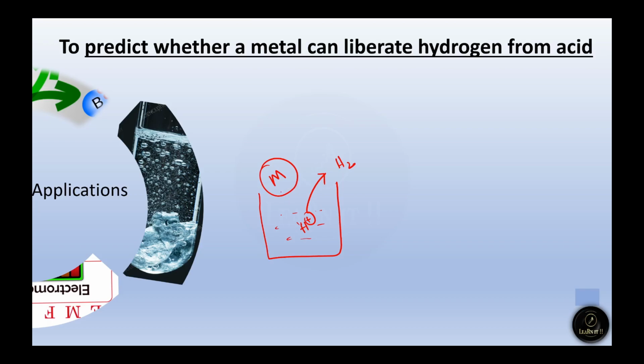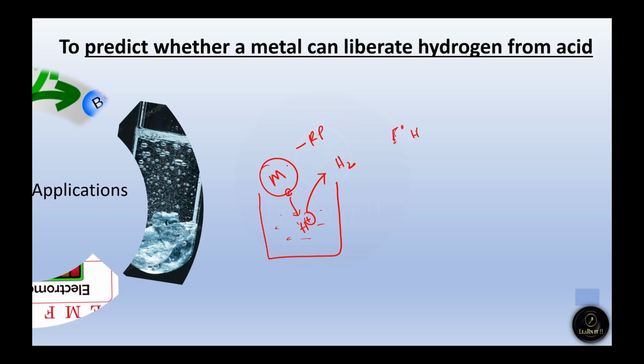It happens when this metal gives an electron to H+. When does this happen? This happens when this metal undergoes oxidation. It means that this metal should have oxidation potential, or it should have negative reduction potential.